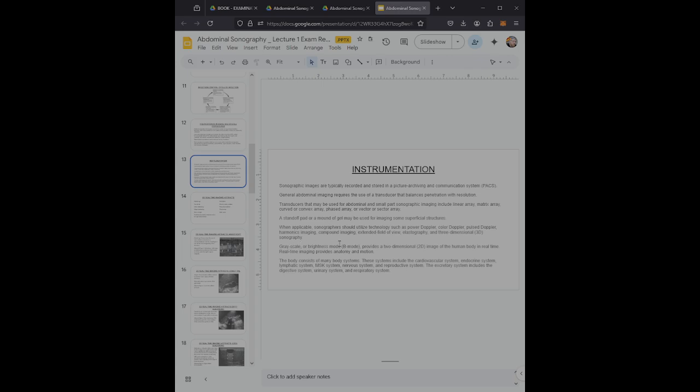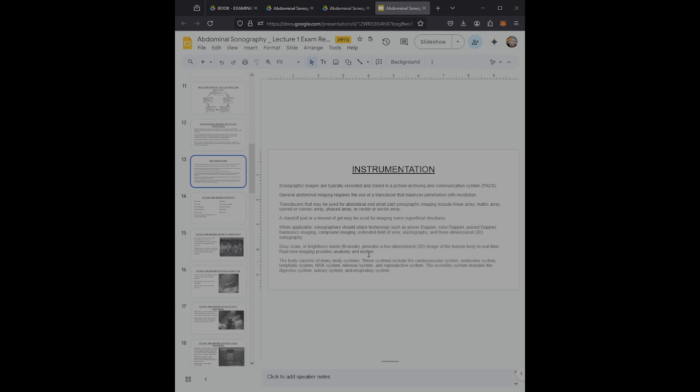Grayscale or brightness mode provides a two-dimensional image of the human body in real time. And this real-time imaging allows us to view anatomy and motion. The body consists of many body systems, and the levels of anatomical organization.